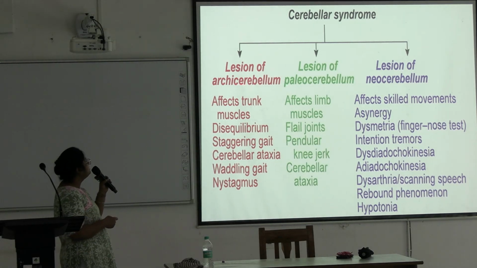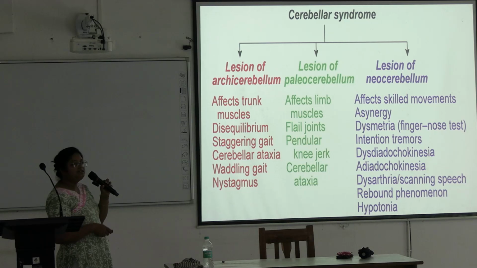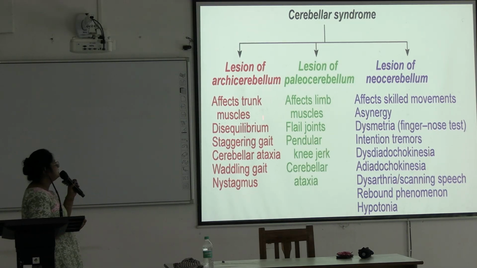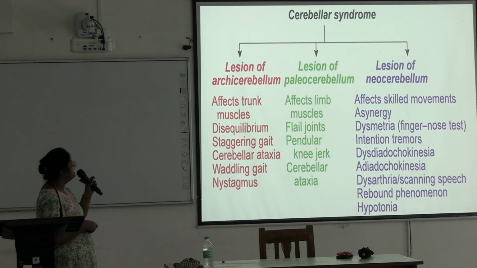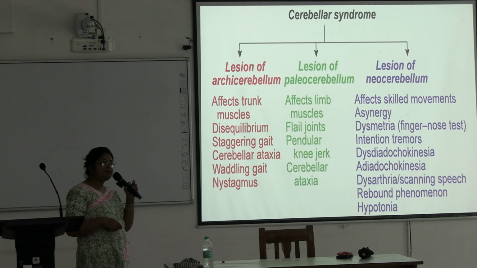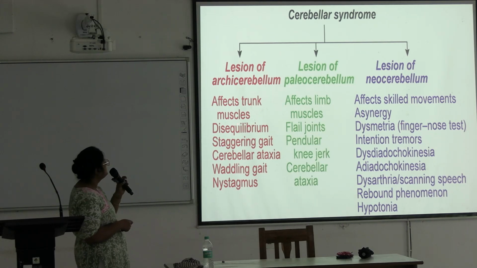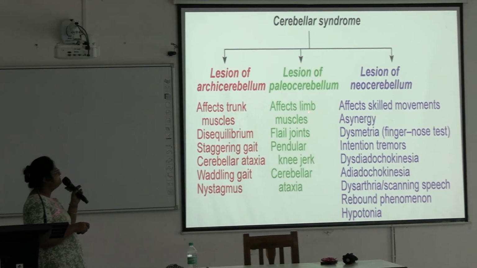Okay, so lesions of the cerebellum, cerebellar syndrome, we are summarizing. Lesion of the archicerebellum affects the trunk muscles. There will be disequilibrium, staggering gait, cerebellar ataxia, waddling gait and nystagmus. Lesions of the paleocerebellum, spinal cerebellum, affect the limb muscles. Here archicerebellum affects trunk muscles, here paleocerebellum affects limb muscles.